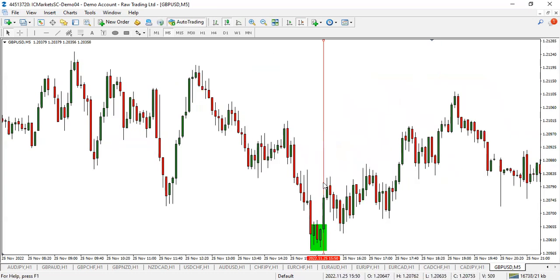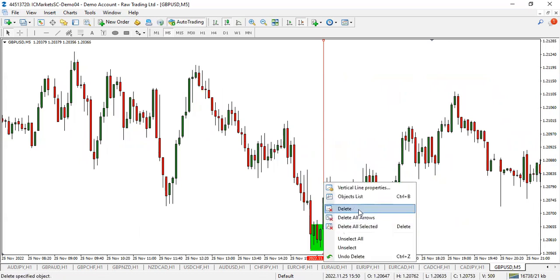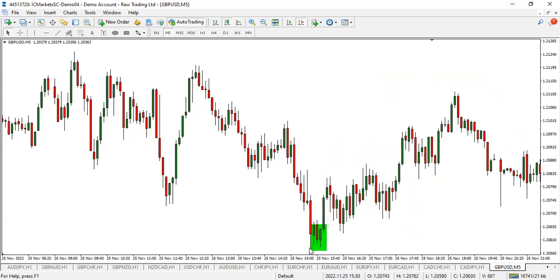So let's look at this. This is the neckline here. That little green rectangular area is the neckline. And this is the candle that broke that neckline.